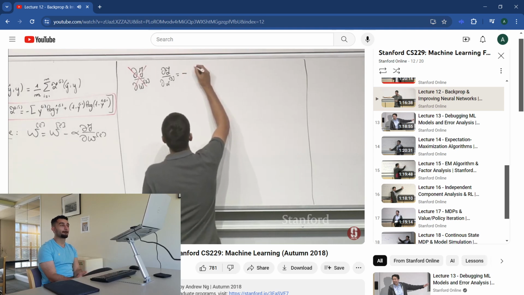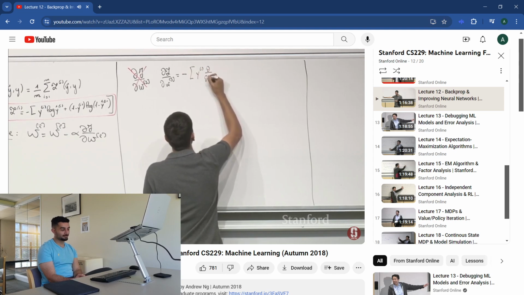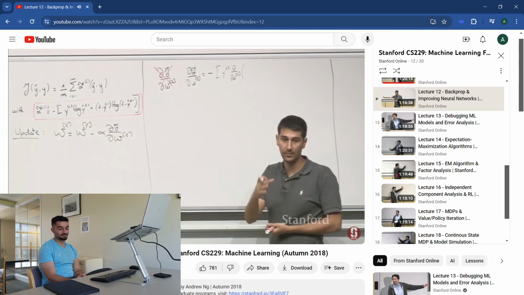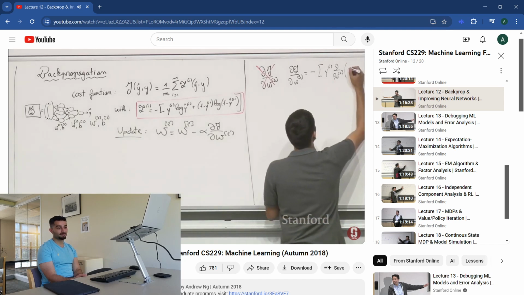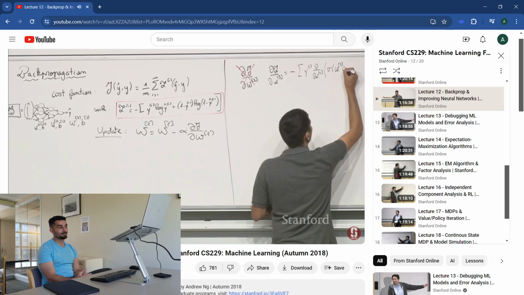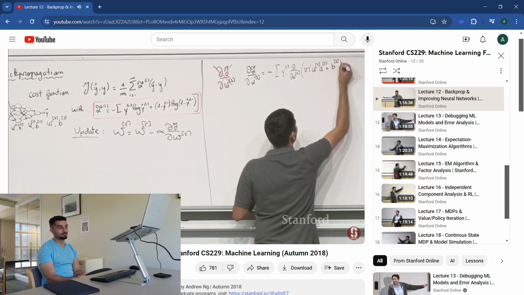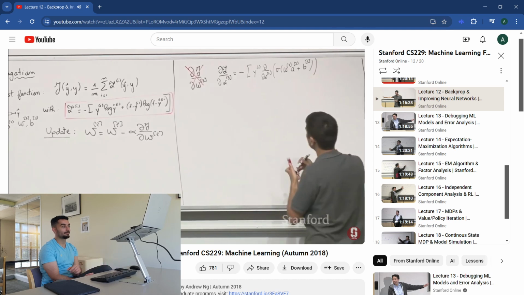I have a yi, and then the derivative with respect to W3 of what? We remember that y hat was equal to sigmoid of W3 x plus b, or W3 A2 plus b, because A2 is the input to the third layer. So I would write it down here, sigmoid of W3 A2 plus B3.